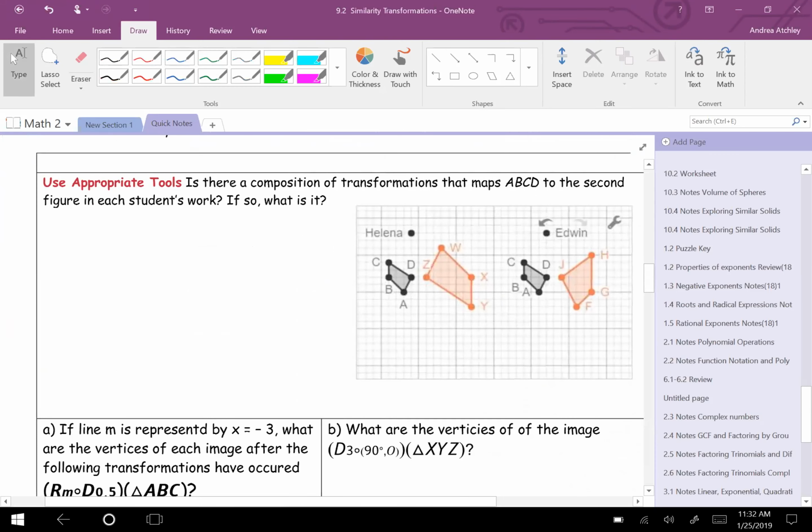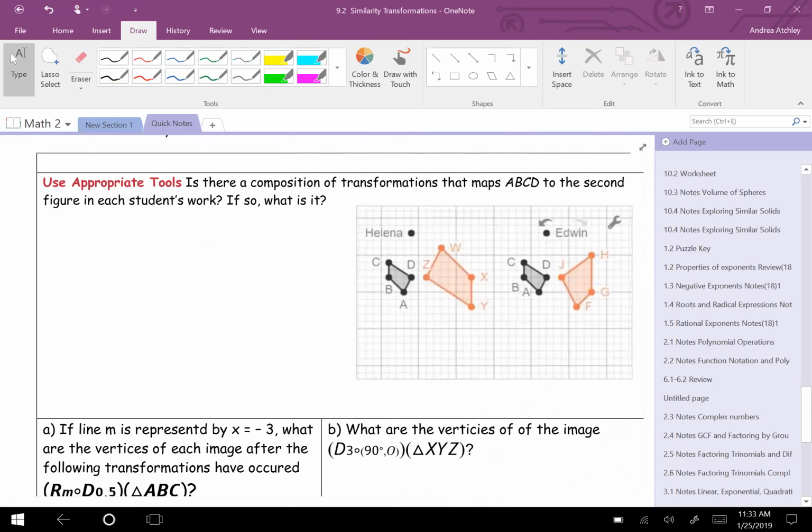So now I want you to practice this. Okay, use our proper tools: translation, reflection, dilation, rotation. Did I say that one already? I don't know. Okay, all those. So try with Helena to see if you can map.